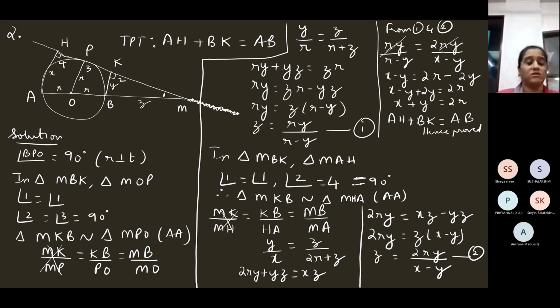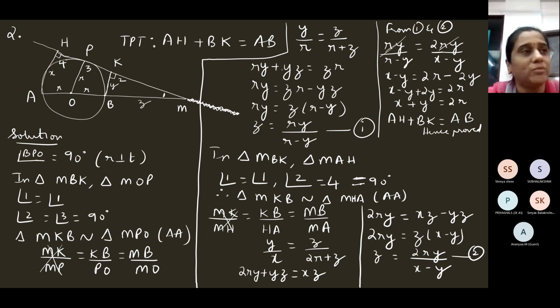Okay, so here we'll take up that small triangle MBK. We identify three triangles: MBK, the smallest, and then MOP, and then MAH.